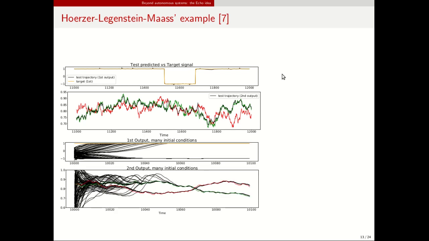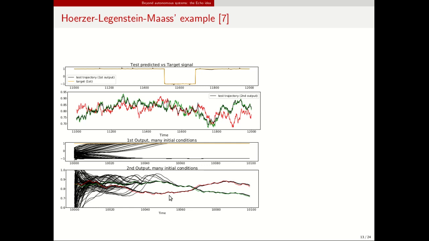As you can see, there are initial conditions that converge to the output value of the first component of +1 and others to the value of -1. And correspondingly, in the second component, some initial conditions will converge to the non-autonomous attractor corresponding to the green signal, and others will converge to the non-autonomous attractor corresponding to the red signal.